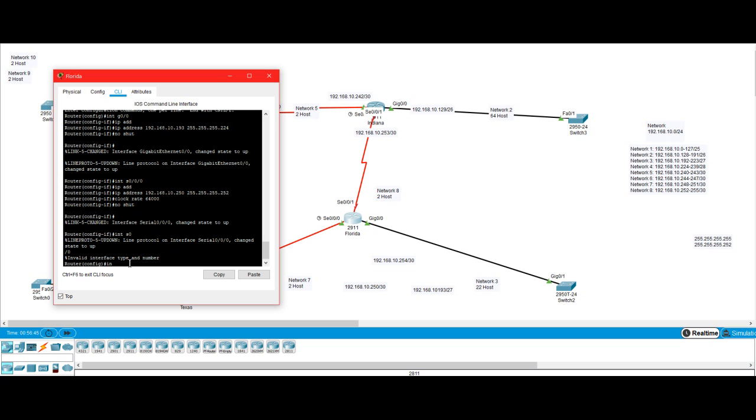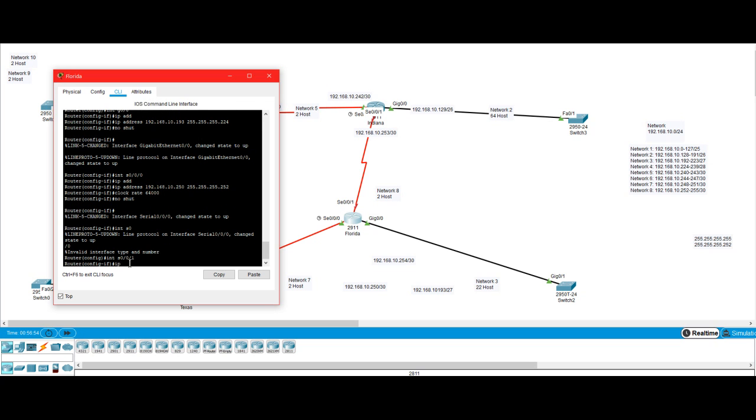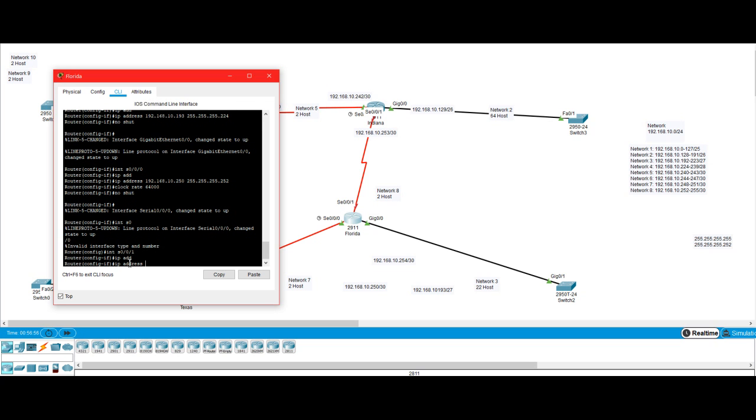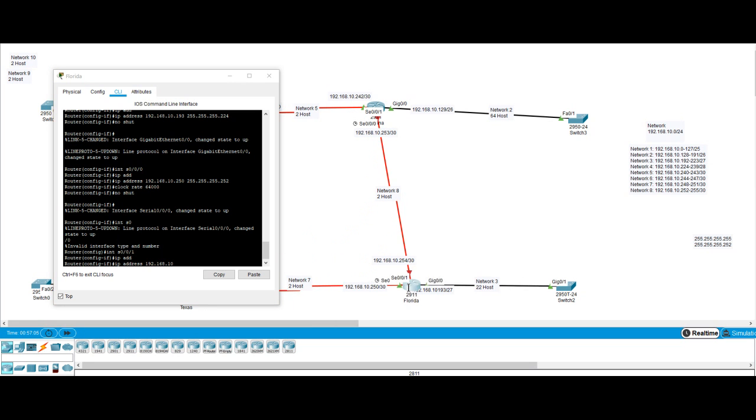All right, now we're going to do interface 0/0/1, and we're just going to repeat the process here of inputting the IP address, which is 192.168.10 right here. Let's put this back where we got it.